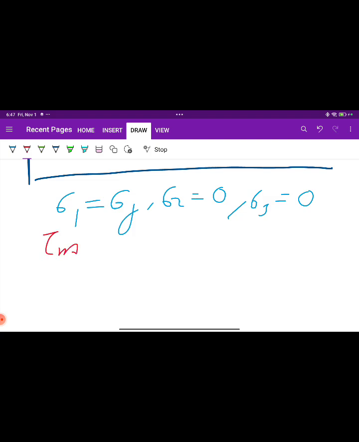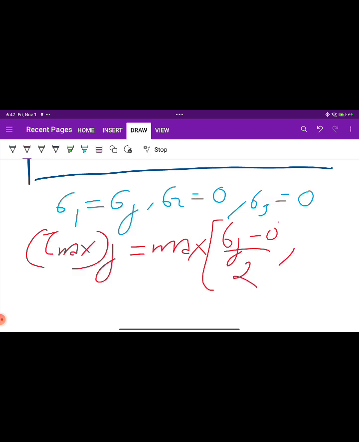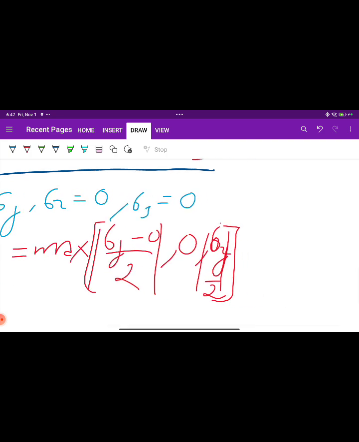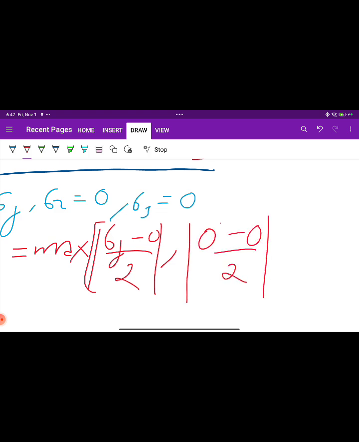Tau max in failure will be equal to the maximum of 0 by 2, and the other terms, as I have already mentioned, this will be 0 and this will be 0, and this will not be 0. This will be sigma f upon 2 in magnitude. Let me write it, then it will be better: 0 minus 0 divided by 2, and 0 minus sigma f upon 2.